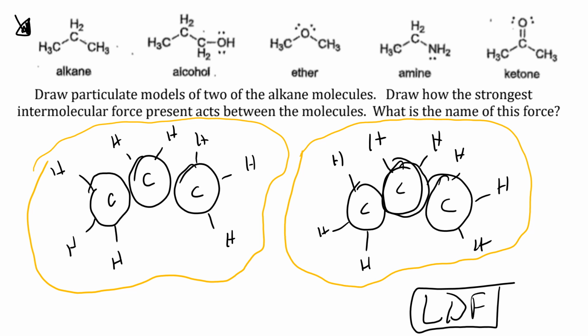So remember, we did the thing in class. The way that this works, you have to think about it in a hypothetical situation. So let's say in the molecule on the right side, at this particular moment, the electrons get kind of moved over to this side of the molecule. So you have this temporary dipole.